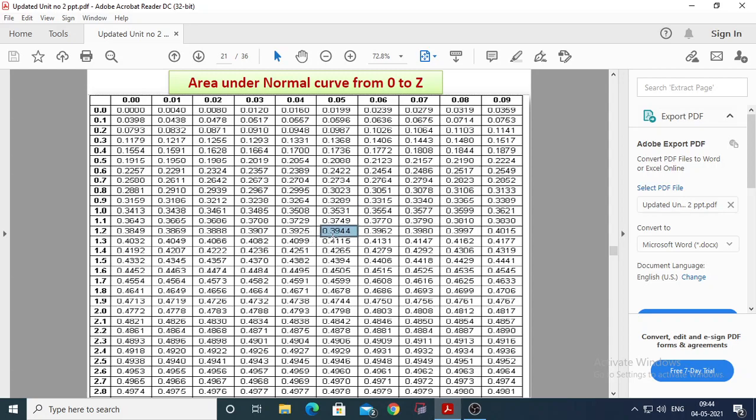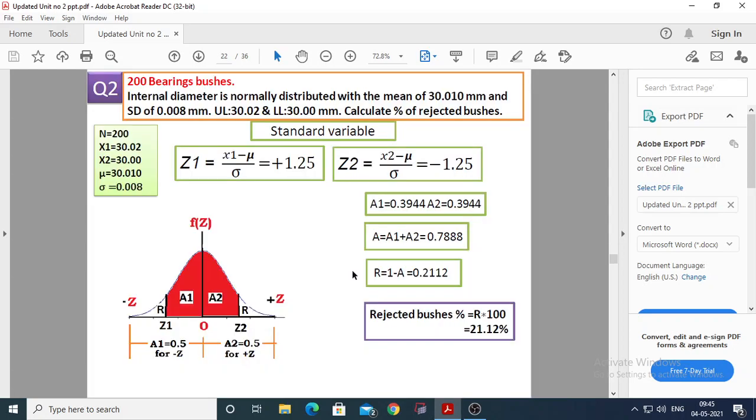You have to check the column 0.05 and row 1.2, which means 1.25. This is the area under the normal distribution curve from 0 to z, 0.3944. This area is 0.3944.